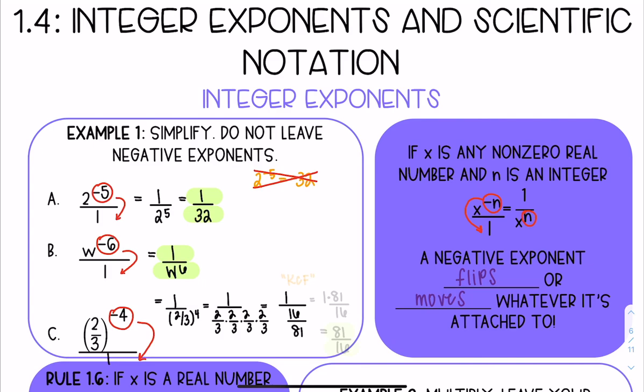And so we need to fix this a little bit because it's a complex fraction. And so we're going to use keep, change, flip to do that. So we're going to keep the top as 1, and then we're going to flip the bottom. So we have 81 over 16. And 81 over 16 times 1 is just 81 over 16.